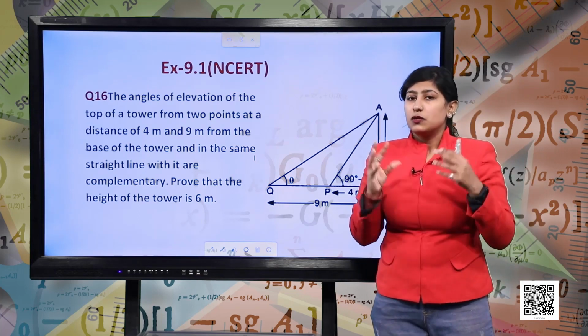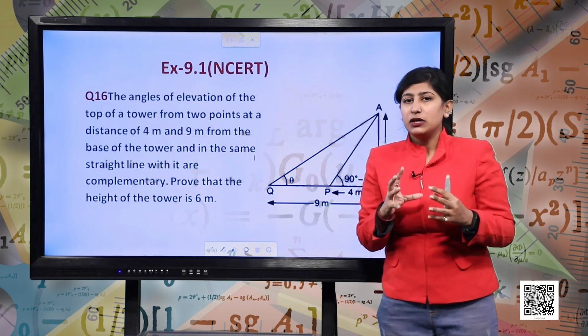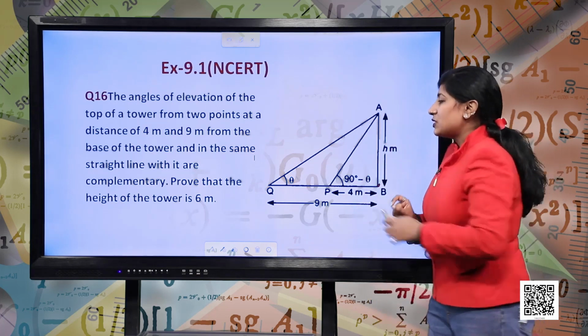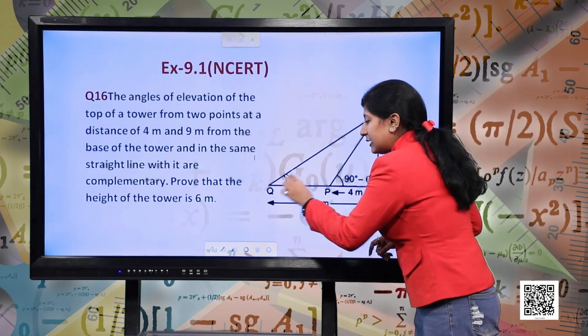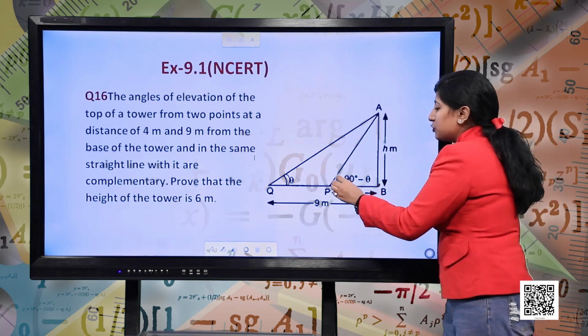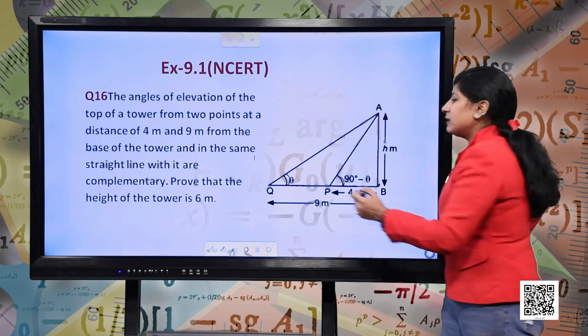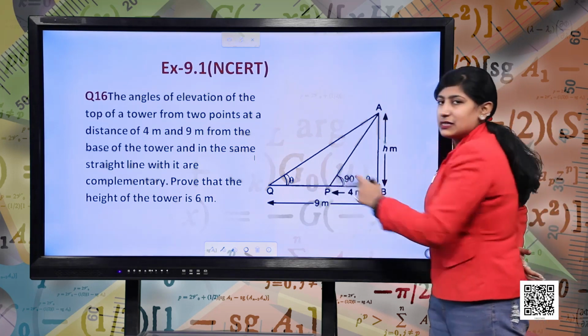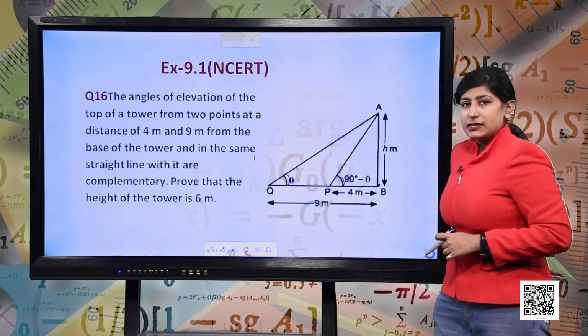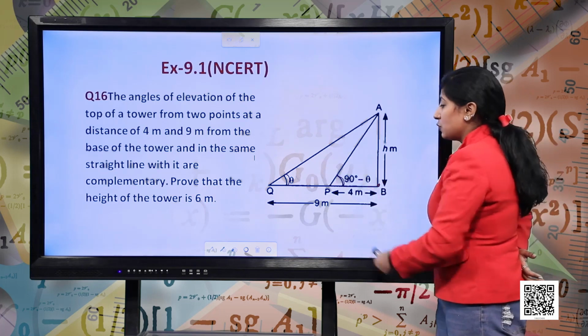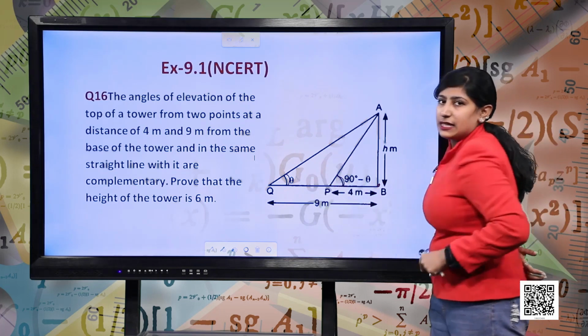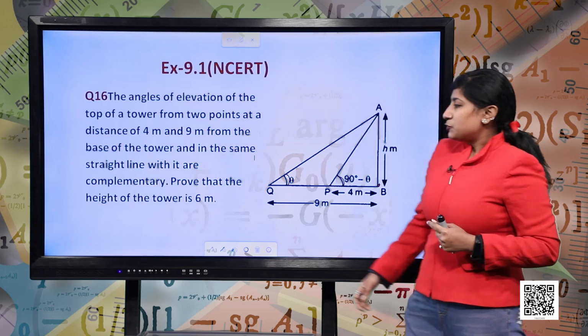Two angles whose sum is 90 are called complementary. So if you take this angle to be theta, this angle is going to be 90 minus theta. You can take alpha also. If this is alpha, this is 90 minus alpha. You can take vice versa also. That is up to you.